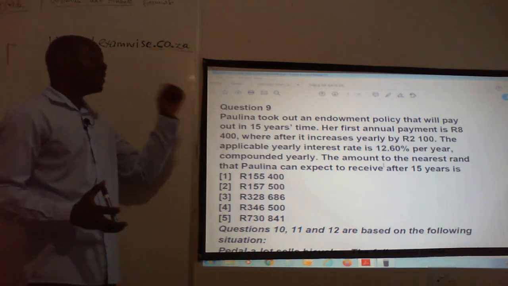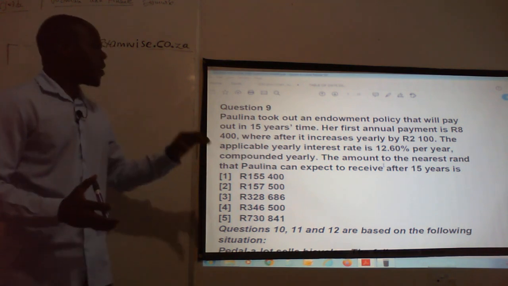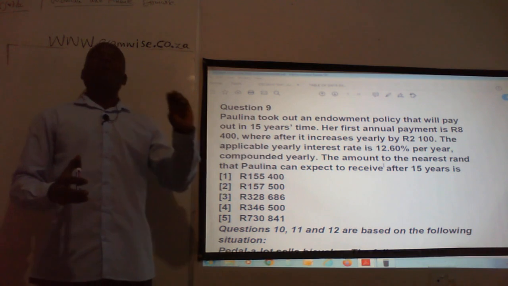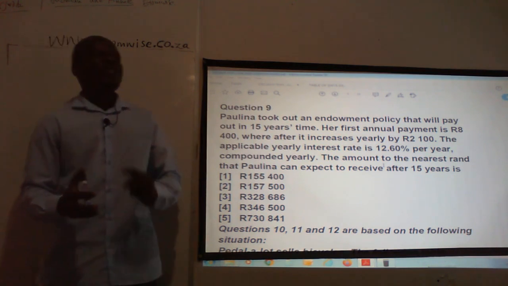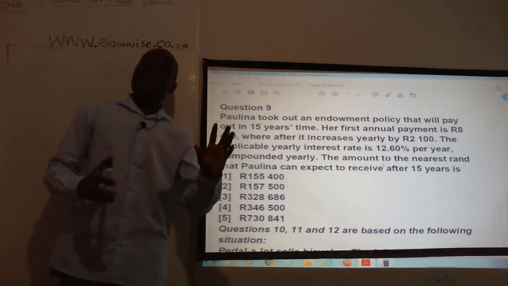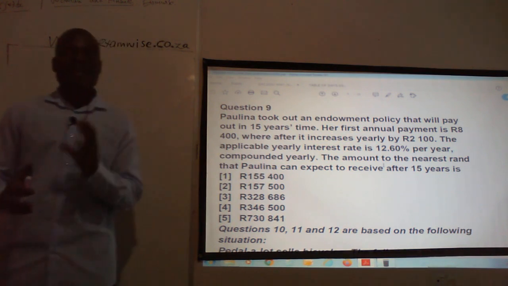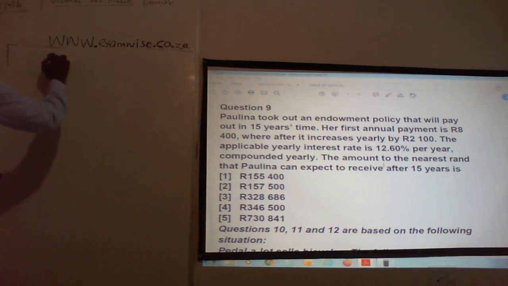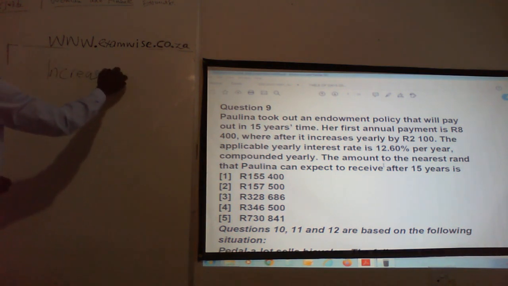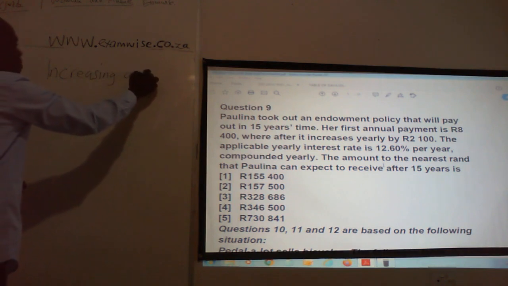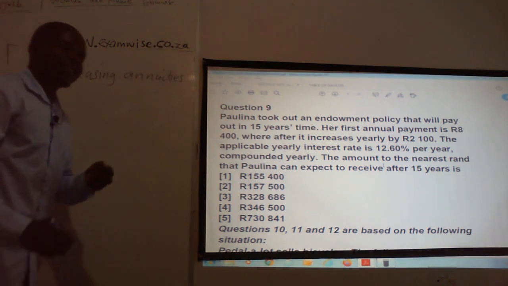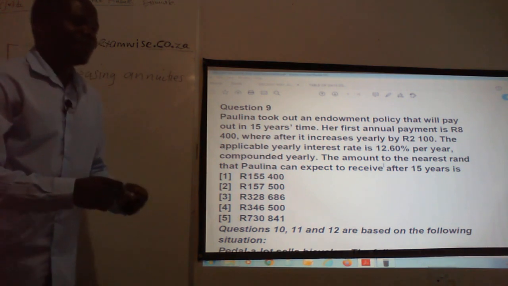But on question number 9, we now have payments which are increasing by an equal amount each and every year. If we have such a situation, we are introducing the increasing annuity. So we are still under annuities, but we are now introducing what we call increasing annuities.